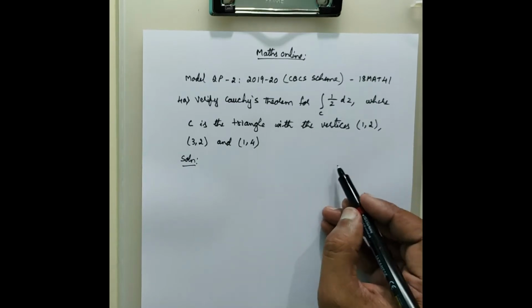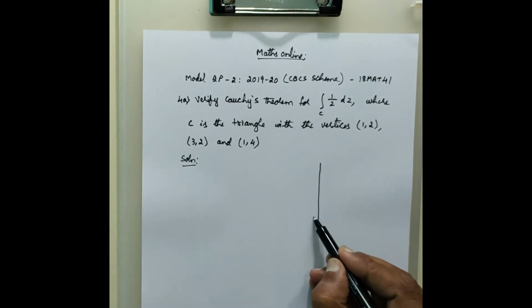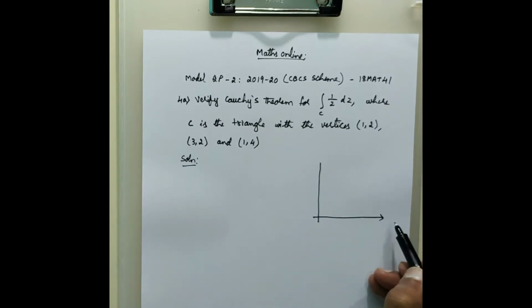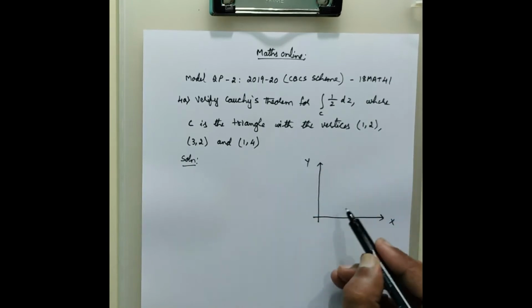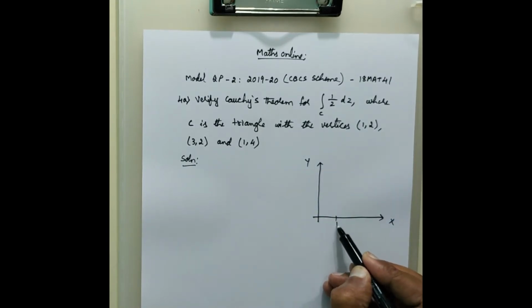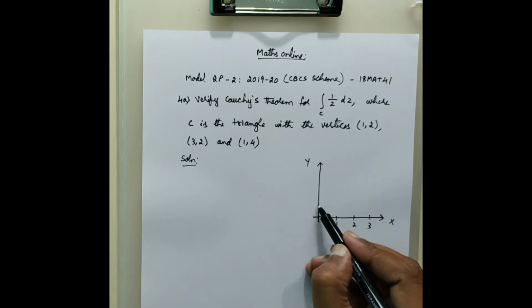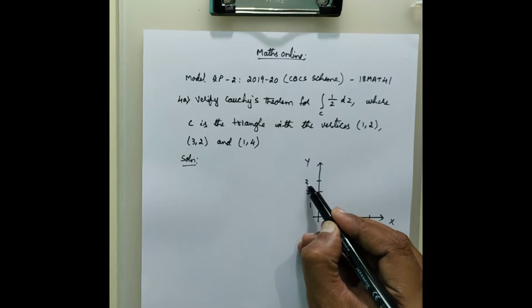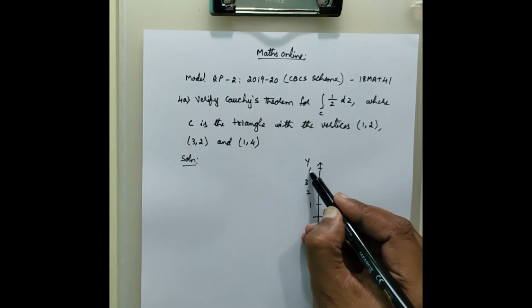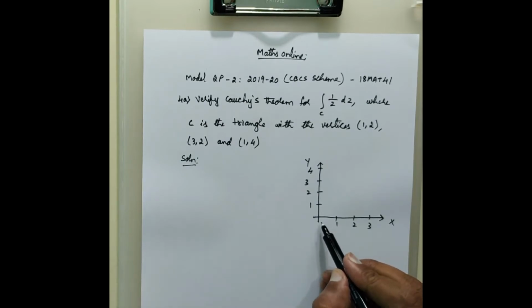Let us try to plot the graph for these vertices. So let us take the x-axis and the y-axis. Let us take the points 1, 2 and 3 on the x-axis and 1, 2, 3 and 4 on the y-axis.